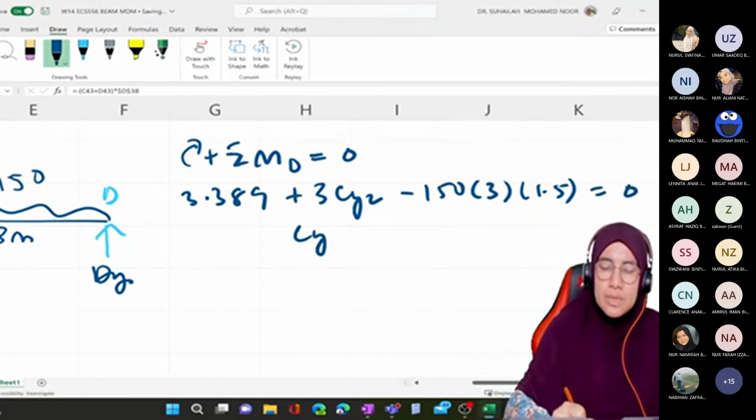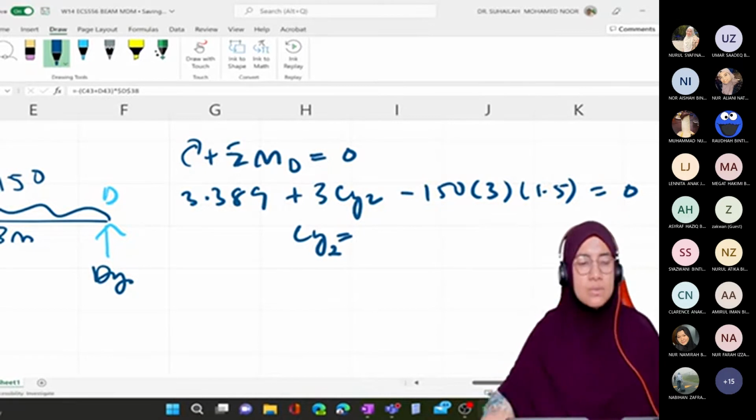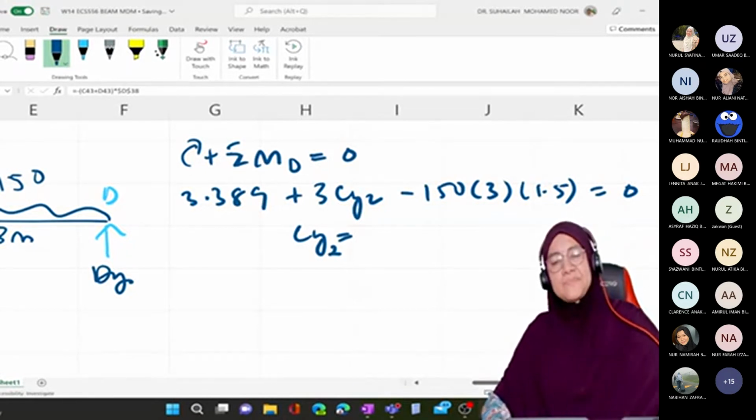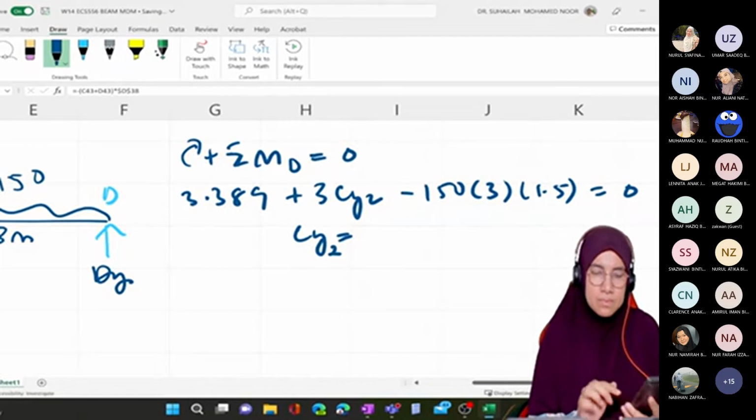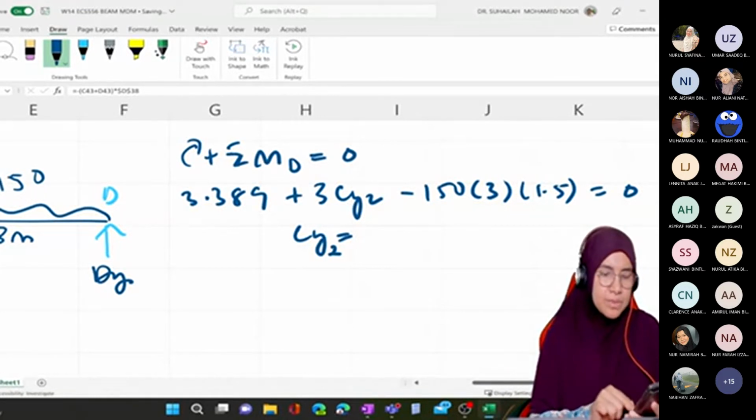So we get CY2 equal to 150 times 3 times 1.5, we minus by 3.389, we divide by 3.